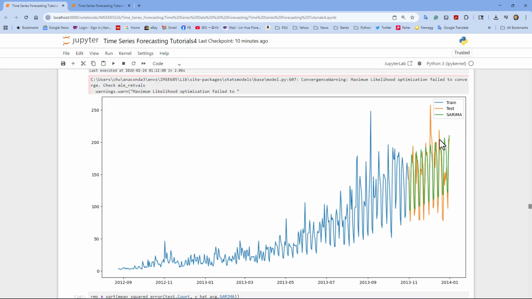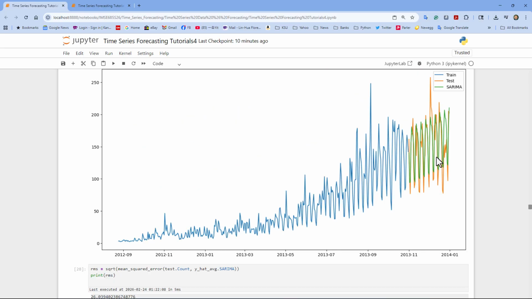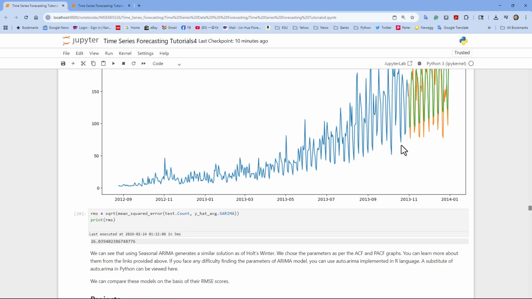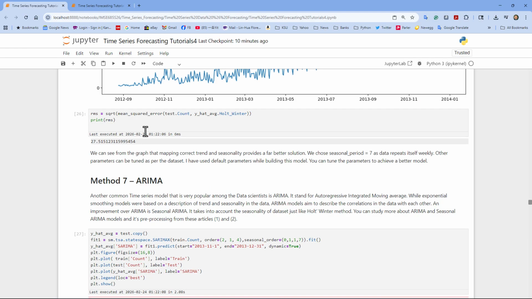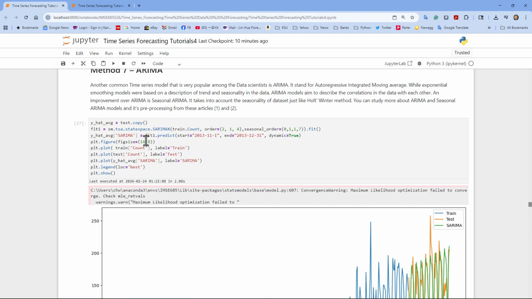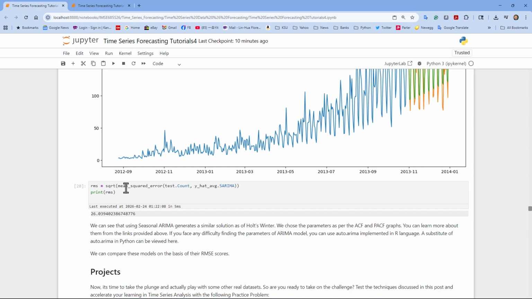From last time, we also did an ARIMA, we call it the SARIMAX model as well, and it also has a very good prediction on the seasonality patterns of the data. Comparing their root mean square error, the Holt-Winters method is about 27.5, and the root mean square error for ARIMA is about 26.